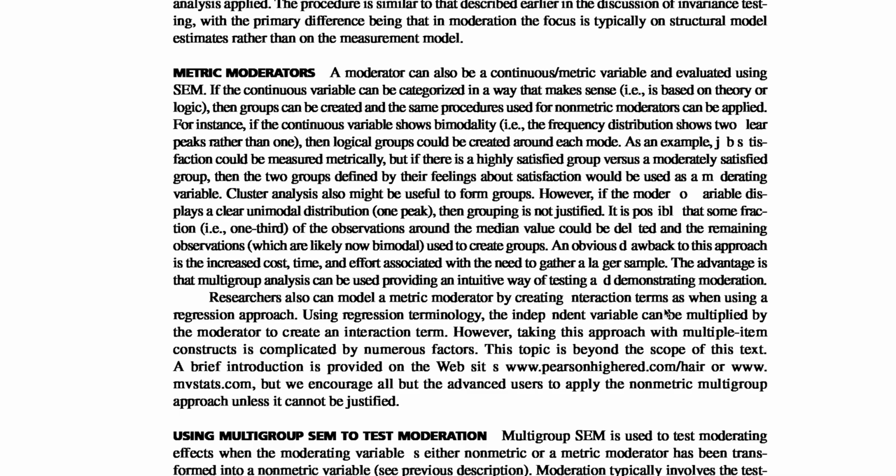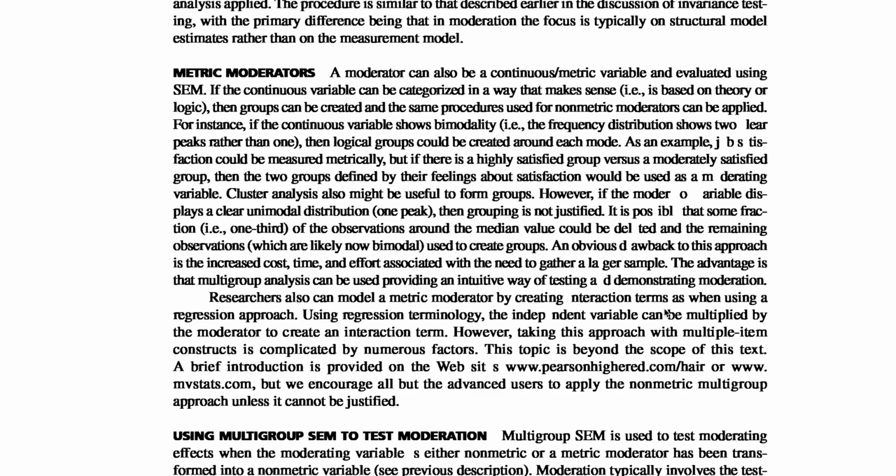Researchers also can model a metric moderator by creating interaction terms and using regression approaches. Using regression terminology, an independent variable can be multiplied by the moderator to create an interaction term. However, taking this approach with multiple constructs is complicated by numerous factors.